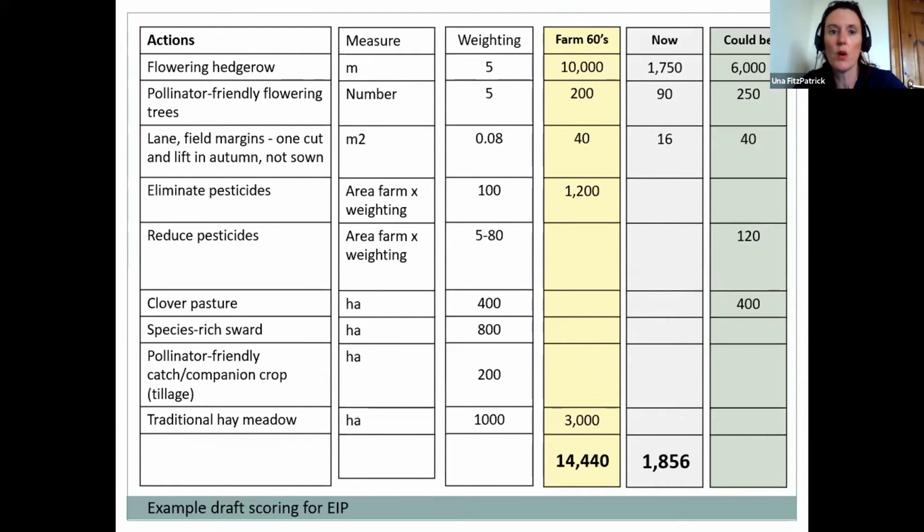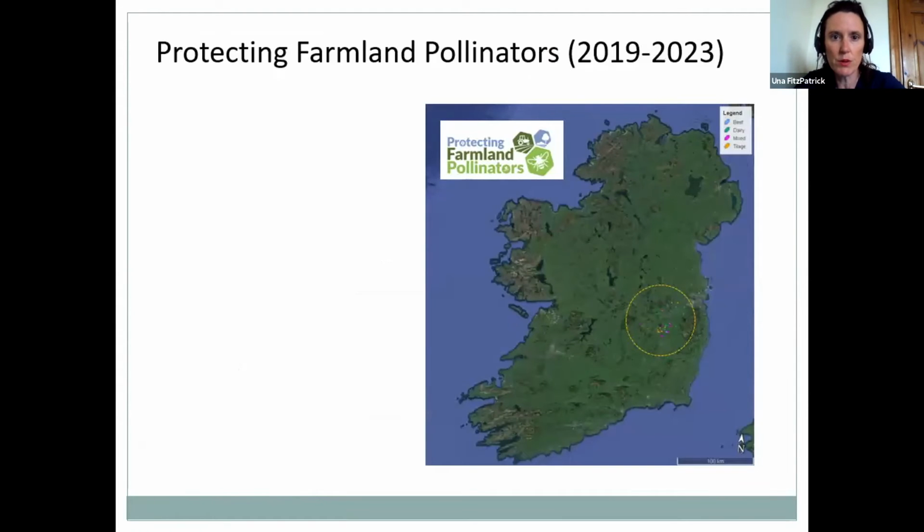But what it could be, so if the hedgerows that still exist were managed in a different way, if pesticides were reduced, maybe if there was a clover pasture, the score can be significantly increased. So you're never going back to the way it was, but you are trying to create a new balance that works for farmers, that also works for biodiversity and for ecosystem services. So that's essentially what the project is trying to do.